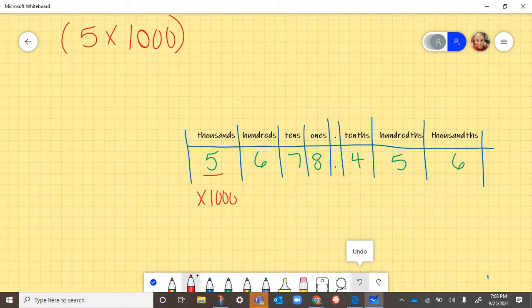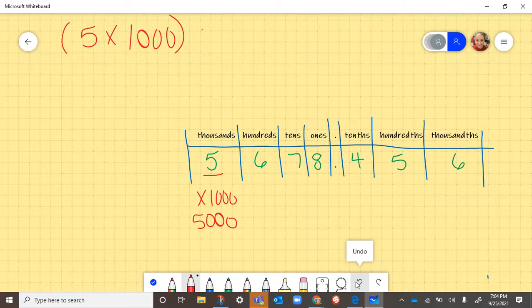Close my parentheses. And what that does is that gives me a value of 5,000, which is 1,000, 2,000, 3,000, 4,000, 5,000. So that's the value of that 5 because of the position it's in on the place value chart.